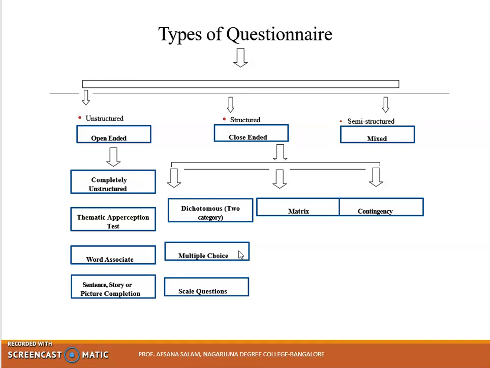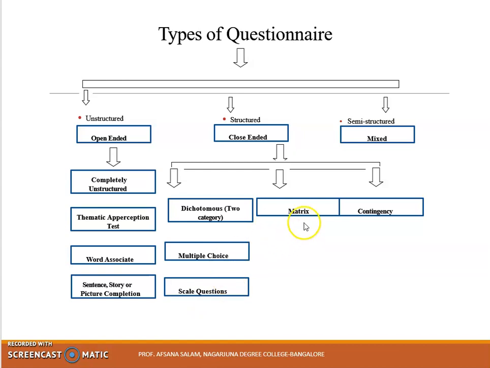These are the different types of scales you can use. Or rate from 1 to 10 your satisfaction level with the e-learning process. Those who are happy will give 10, 9, 8, and those least satisfied will give 1, 2, 3. That becomes your scale questions.